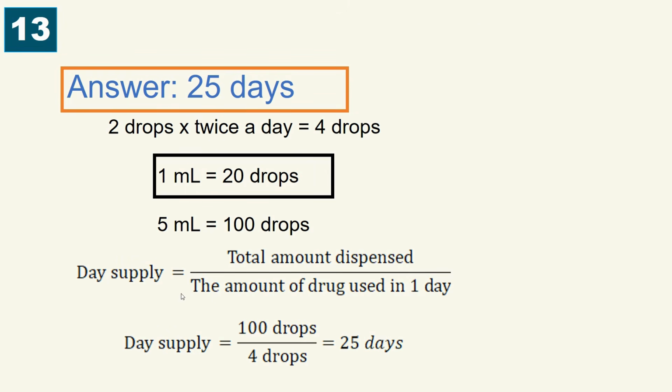And the formula for day supply is total amount dispensed divided by 1 day dose. So total dispense is 100 drops, and each day patient takes 4 drops. So if you divide 100 by 4, it gives you 25 days. So this bottle will last for 25 days.